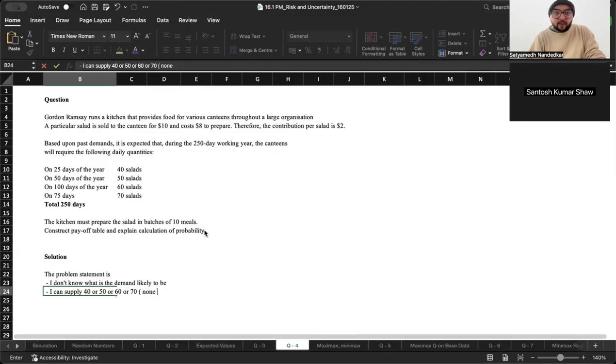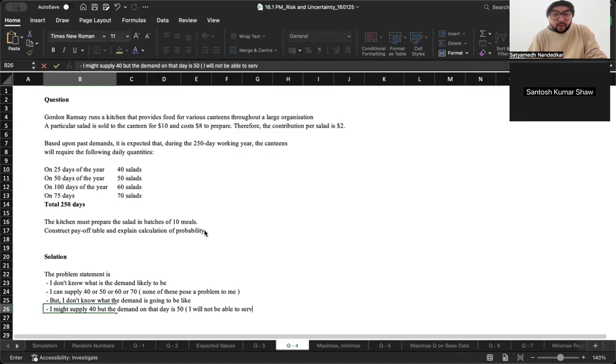None of these pose a problem to me. But I don't know what the demand is going to be like. I might supply 40, but the demand on that day is 50. I will not be able to service the demand.